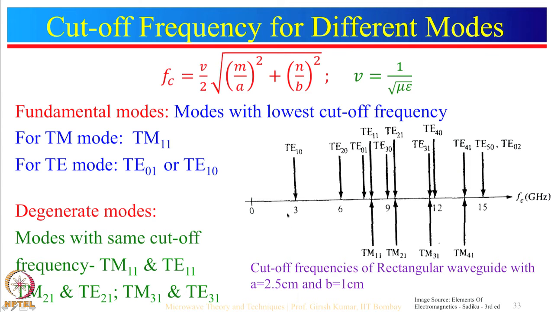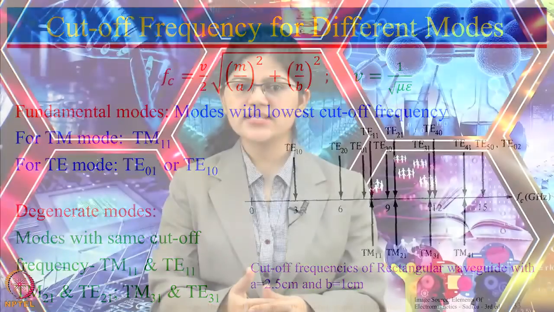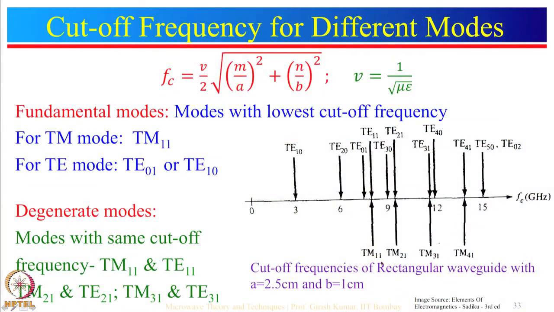In this, the lowest cutoff frequency is of TE10 mode. So the mode with the lowest cutoff frequency is called the fundamental mode. So the fundamental mode in a rectangular waveguide is TE10 mode. And if we want to know the fundamental mode for TM propagation, then the lowest frequency in TM propagation is of TM11 mode.